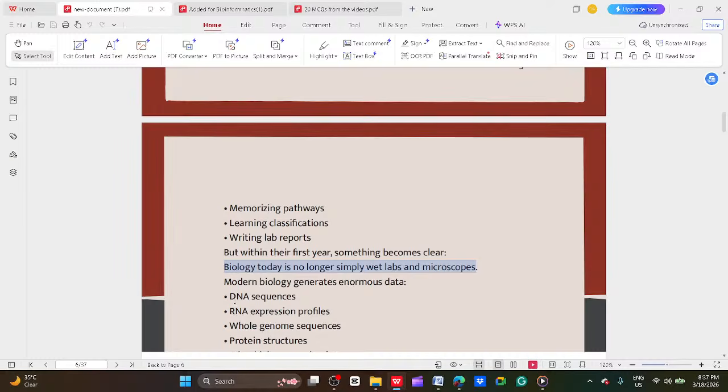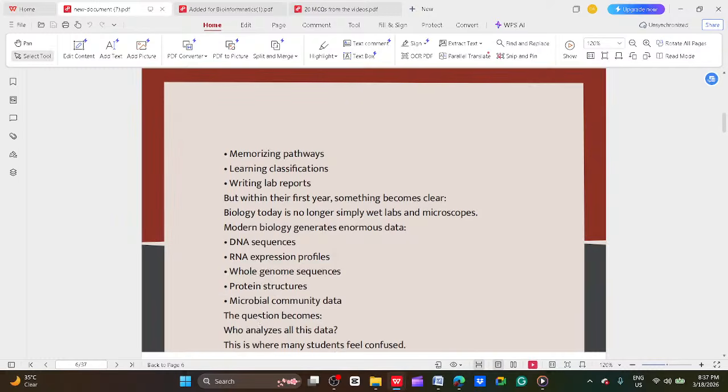So biology of today talks about DNA sequences, RNA expression, whole genome sequences. That is, if you pick up a whole organism and you want to know the whole alphabet that makes up the organism, so you can synthesize it, you can generate it.